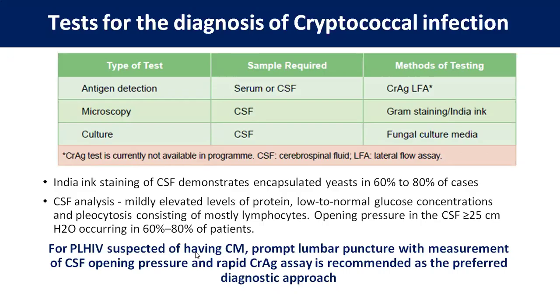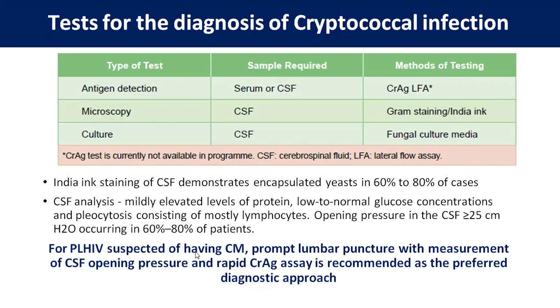India ink staining of CSF demonstrates encapsulated yeast in 60 to 80% of cases. So CSF analysis shows mildly elevated levels of protein, low to normal glucose concentrations, and pleocytosis consisting of mostly lymphocytes.